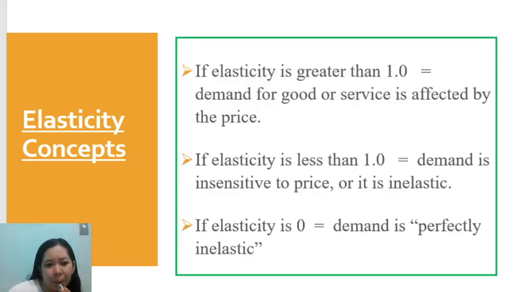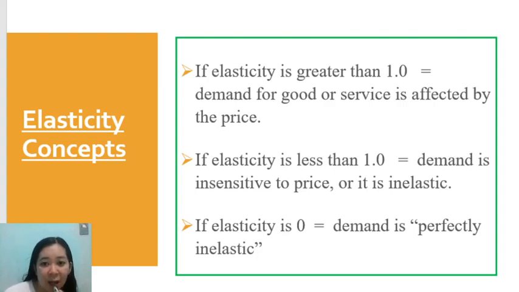Okay, so we have here three main concepts or rules for demand elasticity. If elasticity is greater than 1, then the demand for that good or service is affected by price. Meaning to say, this effect changes the demand drastically, or it can easily change the demand.